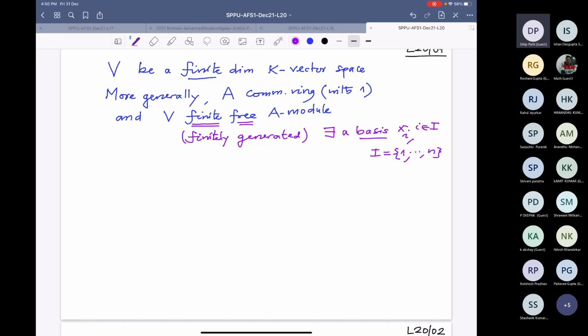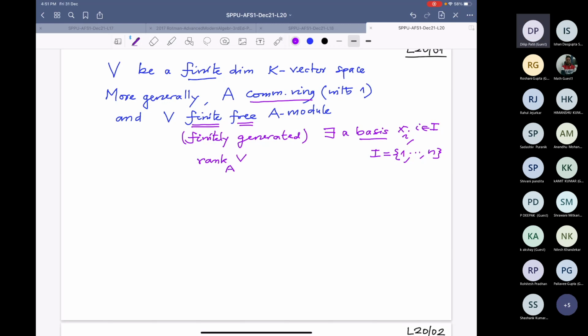I also want to remind you that commutativity is very important here, because you might have come across free modules over non-commutative rings where the number of elements in a basis may vary. That means rank is not well defined over non-commutative rings. The number of basis elements is called the rank, the rank of V over K.